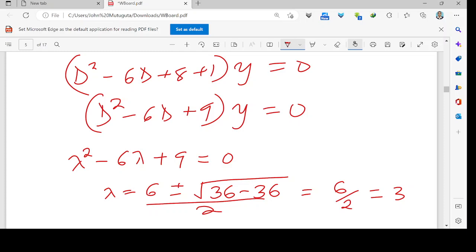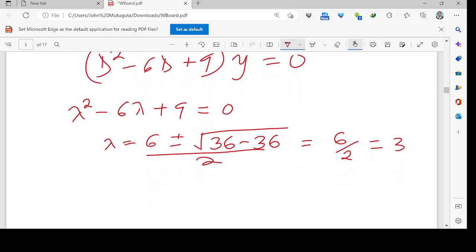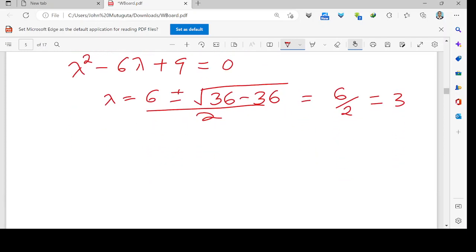So in this case, lambda is equal to 3. This is a case where the roots of the characteristic equation are equal. So the solution y will be expressed as (C1 t plus C2) e raised to power 3t. This is the solution y.